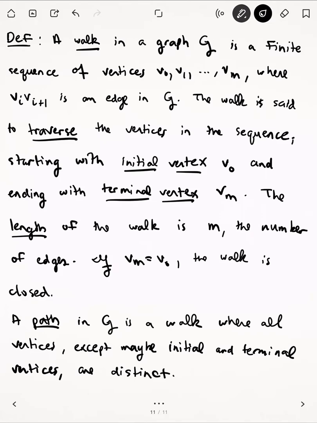So a path is a special type of a walk, and this is all just terminology. So closed just means you start and end at the same point. Okay.